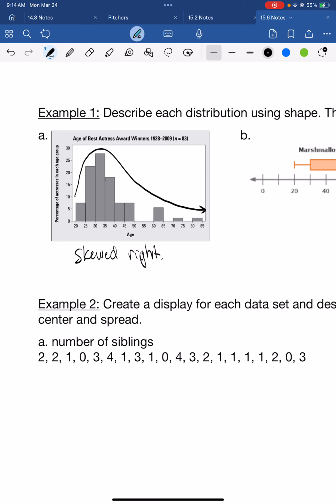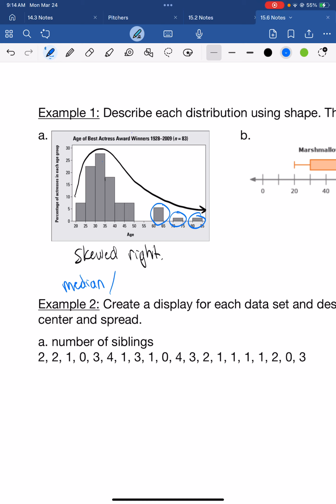And whenever our data is skewed, we're going to use the median as our center, because we have these numbers out here that don't really represent what most of the data is, right?